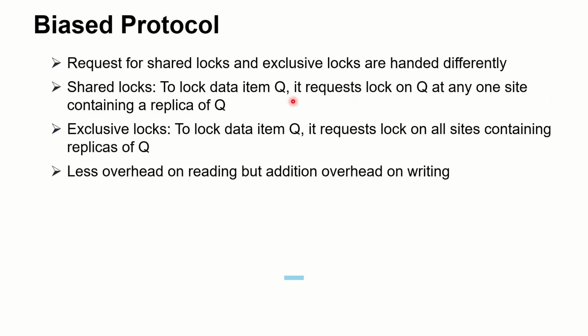It only needs to get a lock on a single replica of that item Q. For exclusive locks, to lock data item Q, it needs to request locks on all the sites, and only if it gets locks on all the sites will it proceed. So for shared locks we don't need to obtain a lock on each site, but for the exclusive lock we need to obtain a lock on each site.